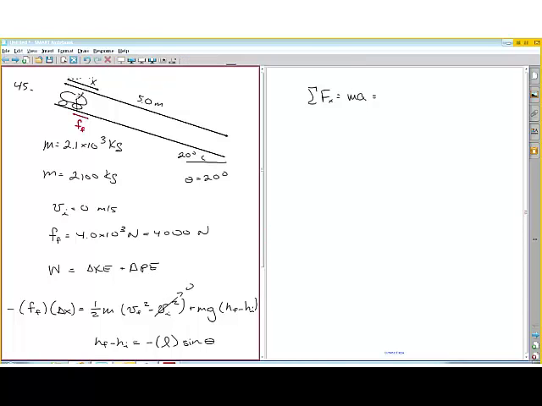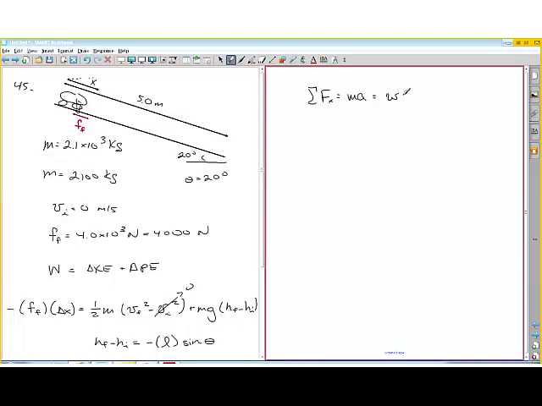you can convert this weight into two components. You can do one that's along the road, and that's going to be in the positive x direction, so you're going to have W times the sine of theta. So that's this, and then in the opposite direction, you're going to have minus 4,000 newtons. Let's just use it as F sub F right now.